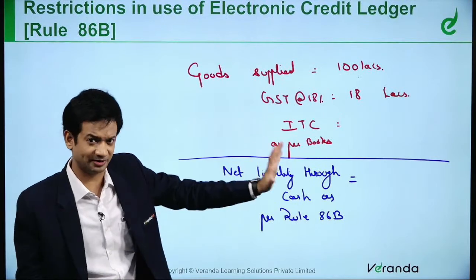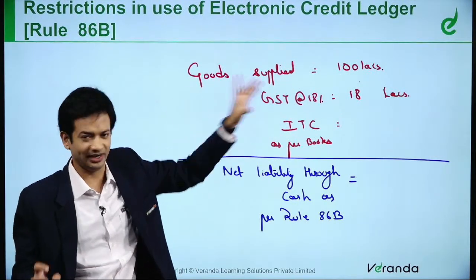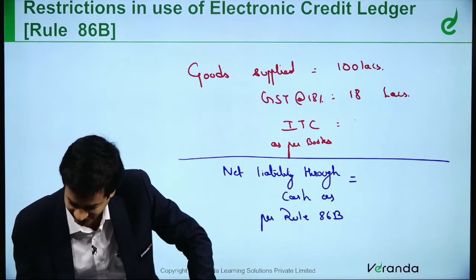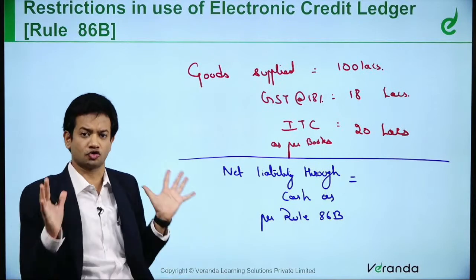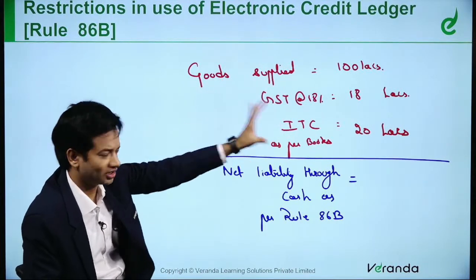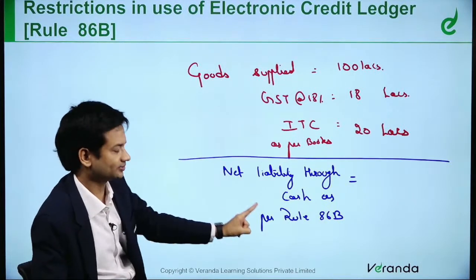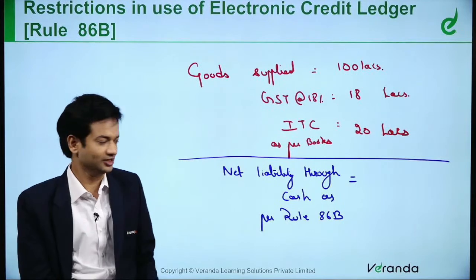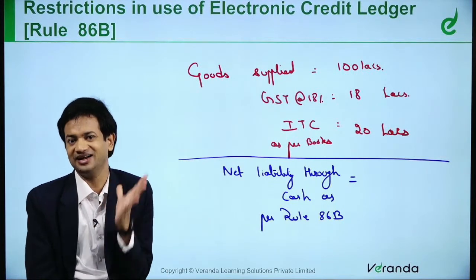So let me take my example, 100 lakhs. So 1 crore worth of goods I have sold, 18 lakhs, 18% GST. So ITC as per books, let's say I have 20 lakhs, right? So 1 crore worth of goods sold, 18% GST payable, but I already have ITC as per books of 20 lakhs, so no tax to be paid to the government. But as per Rule 86B, through cash I have to pay 1% mandatorily.